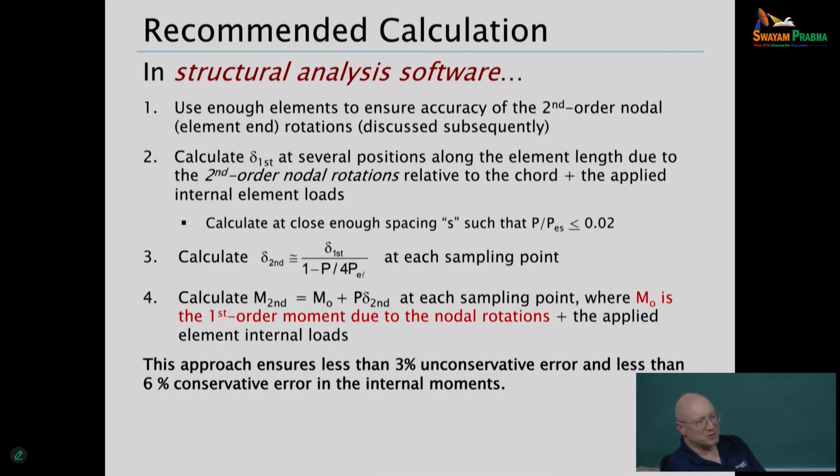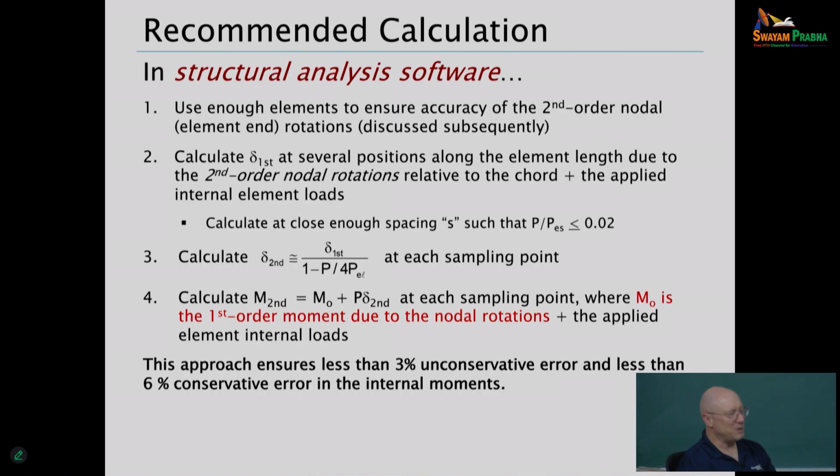If I talk to software providers, I don't know of anyone that does anything other than, once you've got the second order moments, if it's just end moments, for example, no transverse loading between the nodes, it's a line for the moment diagram between those end nodes. It's a first order approximation that's being used.